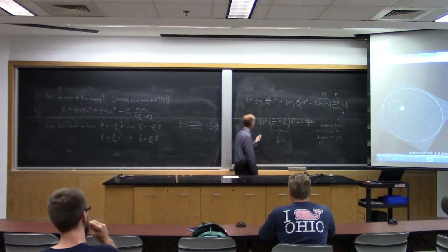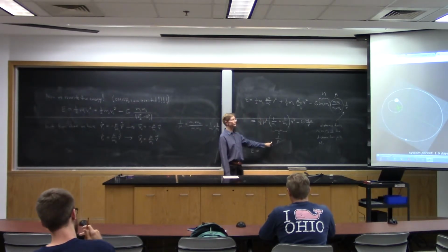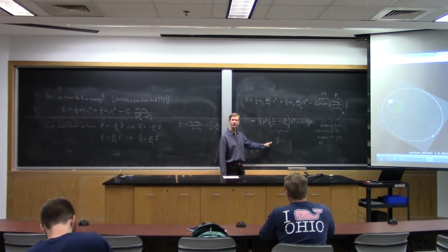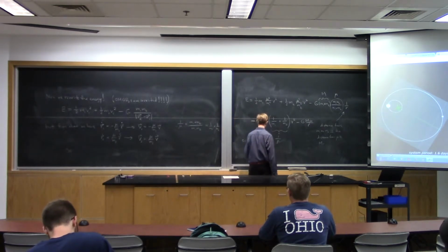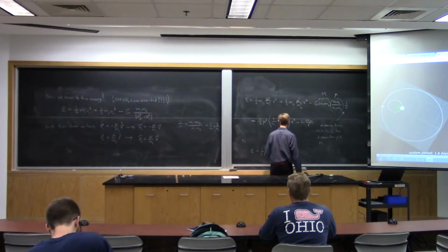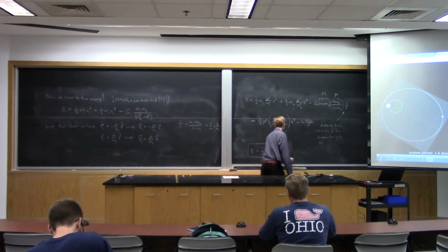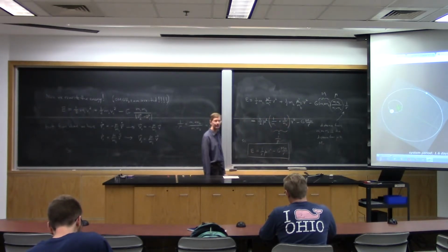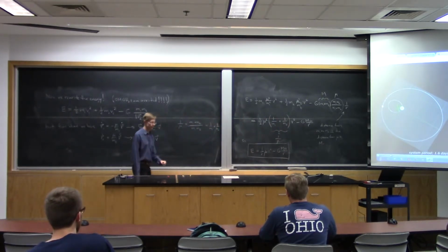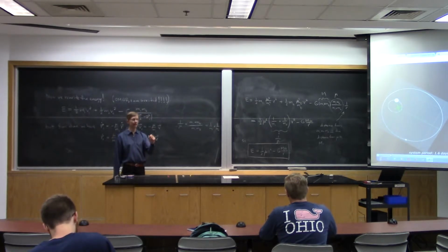So E is equal to 1/2 mu squared over mu V squared, or in other words, 1/2 mu V squared minus G M mu over R. But that's exactly what you would get if you had a fixed mass M having another mass mu orbiting it.